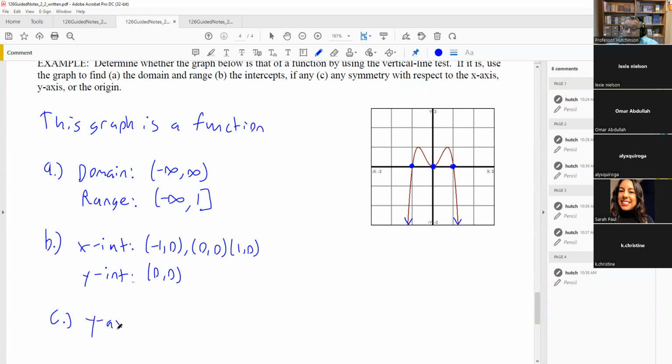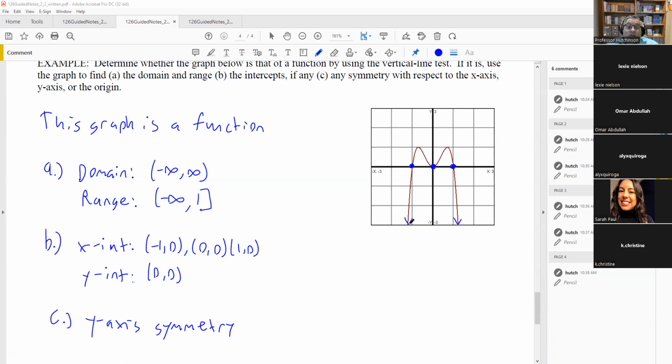So I know it has y-axis symmetry for sure. Now it does not have x-axis symmetry because if you fold that over, that's not going to lay on top of itself. And in order for it to have origin symmetry, I have to have a mirror image, like this one here, and then it has to go down below like that. I don't have that in this case. So it doesn't have origin symmetry either. So it only has y-axis symmetry.